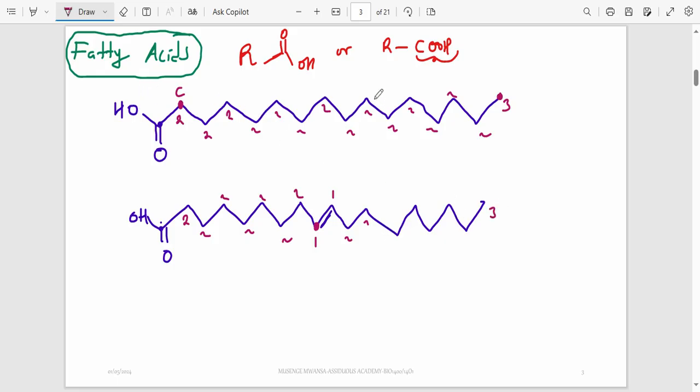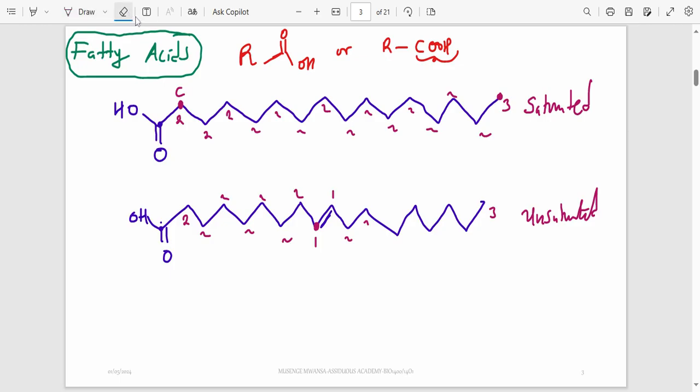The fatty acid on top that doesn't have any double bond, we call a saturated fatty acid. It is saturated because it doesn't need any other bond. There is no place for the formation of another bond. The one down here is unsaturated. In unsaturated fatty acids, where you can see the double bond, you can actually add hydrogens there.